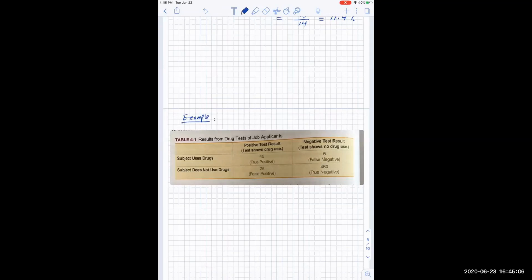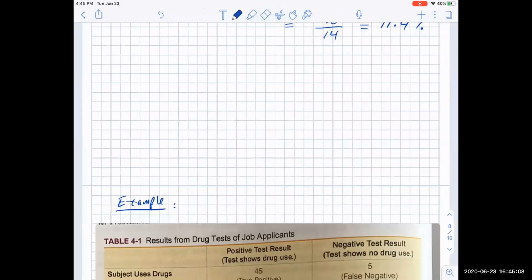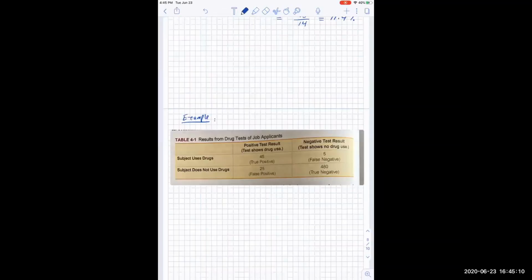So I want to explain, guys, this is real data. It says refer to the sample data.